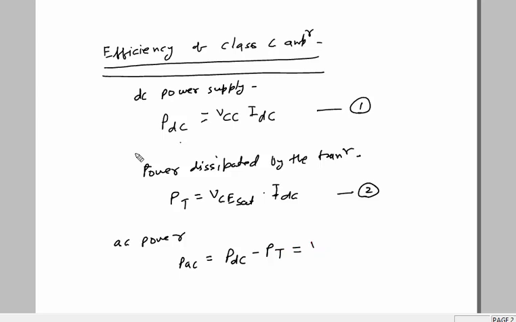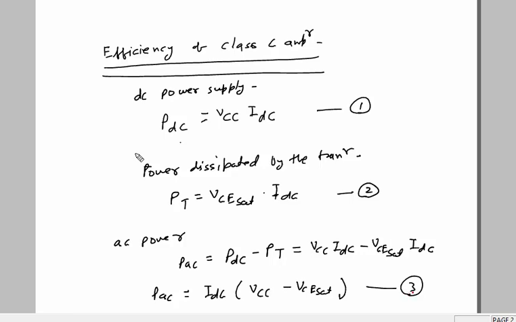If you put these values, PAC equals VCC into IDC minus VCE sat into IDC. If I take IDC common, we get PAC equals IDC times (VCC minus VCE sat). Let's call it equation number 3.